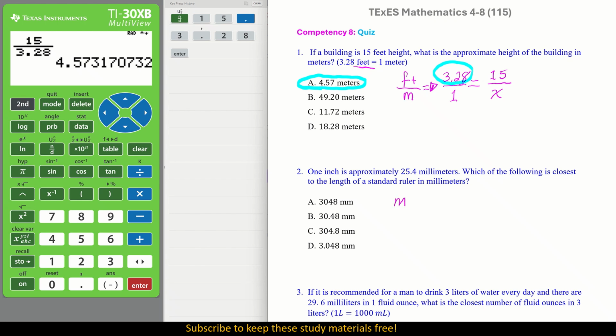We have millimeters to inches, and we are given a nice unit rate in the first sentence. So that implies that we have 1 inch. And I could have put inches there, but I'll be honest, I was being lazy.